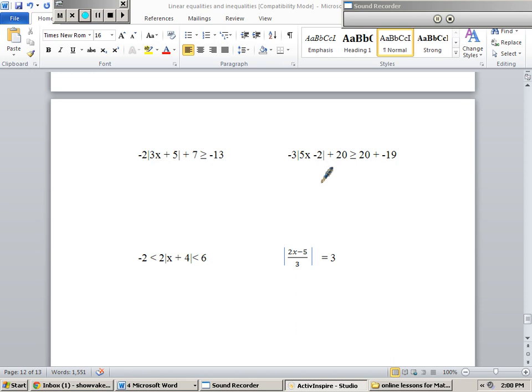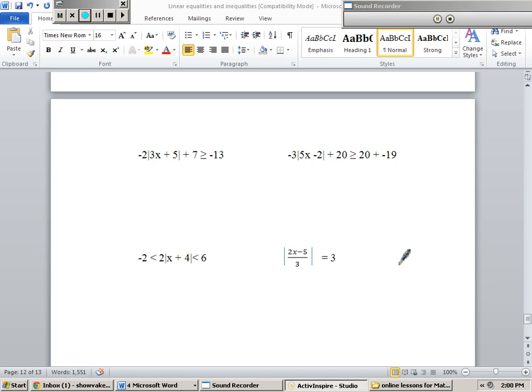Negative 3 times the absolute value of 5x minus 2, plus 20, is less than or equal to 1. Subtract 20. Negative 3 times the absolute value of 5x minus 2 is less than or equal to negative 19. Divide by negative 3.